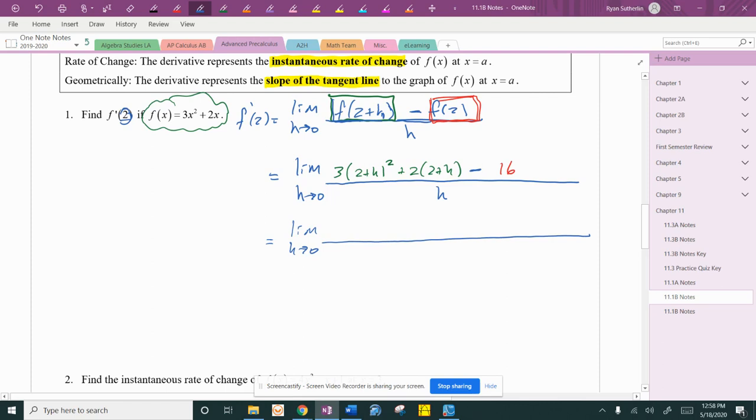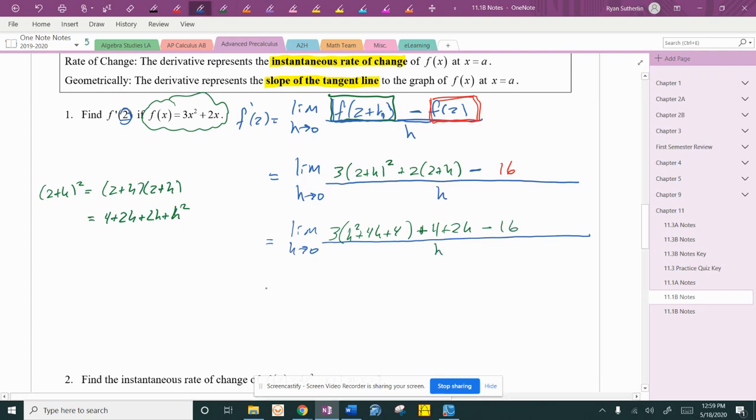So now, first thing I'm going to do is 2 plus h quantity squared. And I want to make sure everybody understands what I'm doing with this. 2 plus h quantity squared means 2 plus h times 2 plus h. So 4 plus 2h plus 2h plus h squared. So this is 3 times h squared plus 4h plus 4, plus, I can distribute this to 4 plus 2h minus 16 all over h.